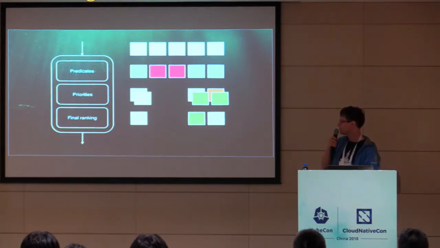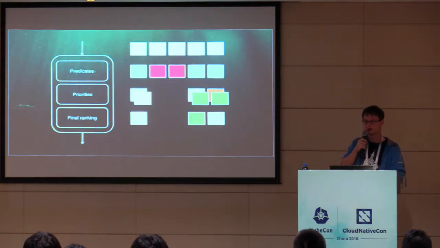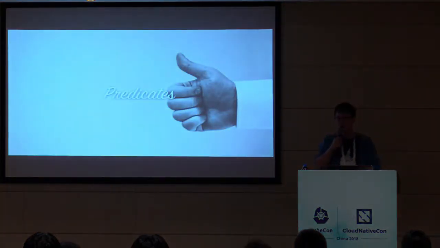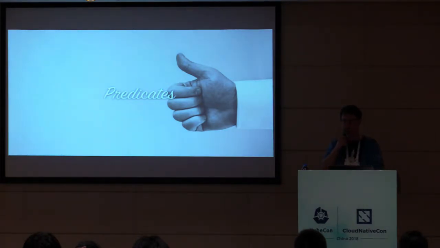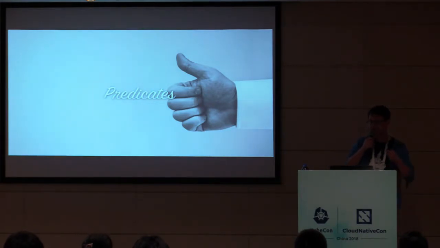But I won't go into more details of priorities because we actually don't care about those at all in autoscaling. The important part is the predicates. The way that Cluster Autoscaler works is it guarantees that for every pod there will be at least one node that passes all predicates. So there will be a node that makes it possible to schedule this pod.